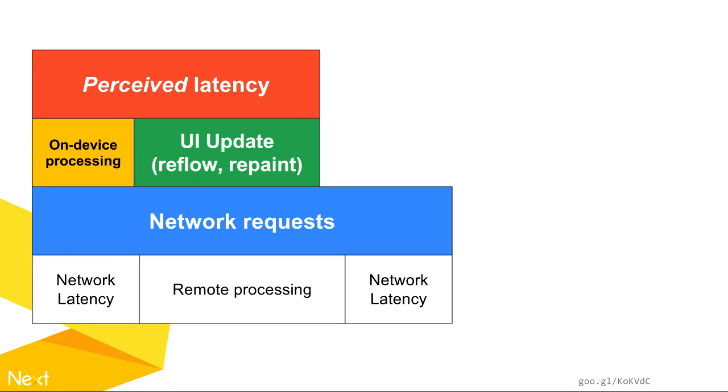So one trick that you might know is to decouple these things to reduce the perceived latency. So maybe doing some of this work up front, and sending off the network request in the background. A really good example of this is anything with a like button or a +1 button or something like that, right? The UI updates instantaneously.